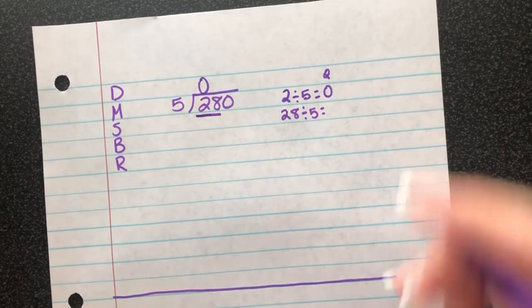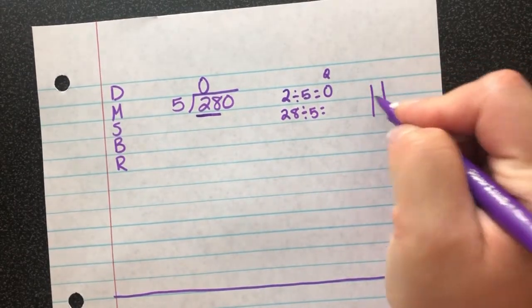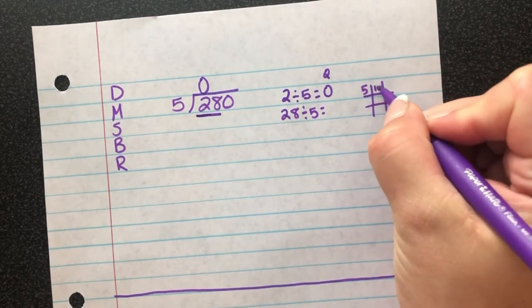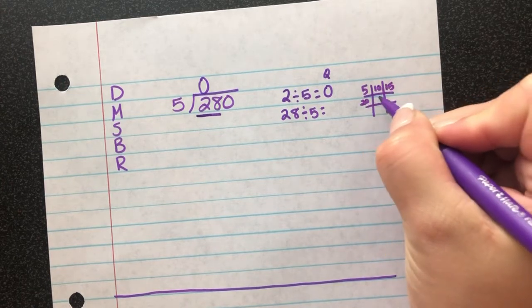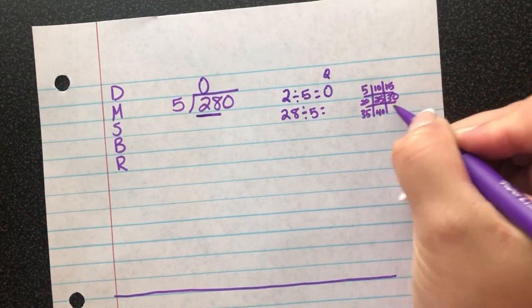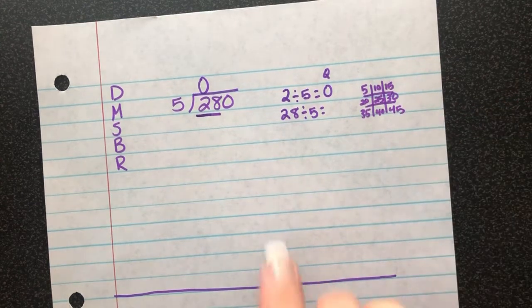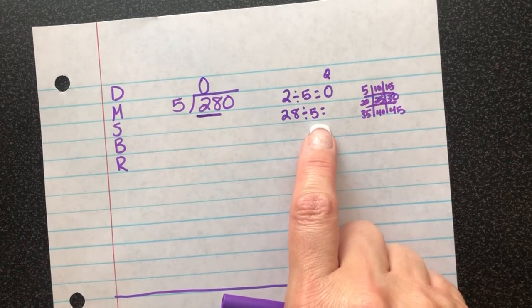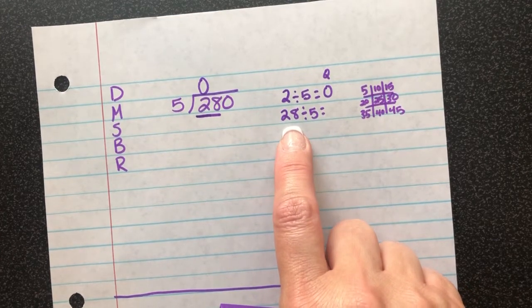I'm going to think about my multiples of 5. You can use your hashtag. We have 5, 10, 15, 20, 25, 30, 35, 40, and 45. I have a total of 28, and I'm trying to take out as many groups of 5 as I can without going over 28.